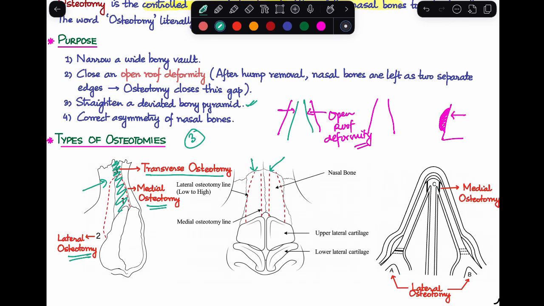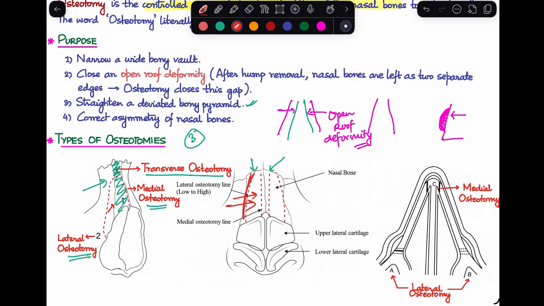Now, what we are trying to do here is free the nasal bone in this region so that we can push it inwards to narrow the nasal vault, to narrow the bony nasal vault. So basically, a lateral osteotomy is a cut that we are making along the side wall of the nasal bone on the lateral aspect, and the purpose being we are trying to push the nasal bone inwards to narrow the bony nasal vault.